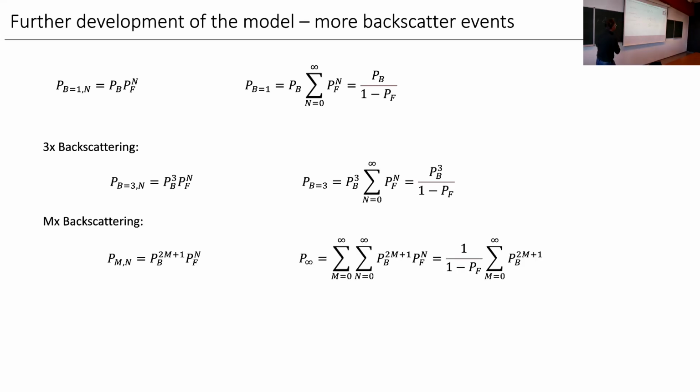And for n backscatter events, we of course have to take into account that we only have an even number of backscattering events, 1, 3, 5, etc. So 2n plus 1. We want to put that in the summation. We can do that.